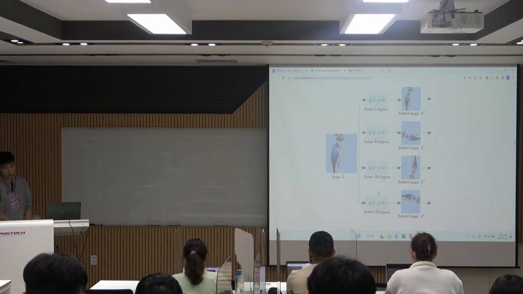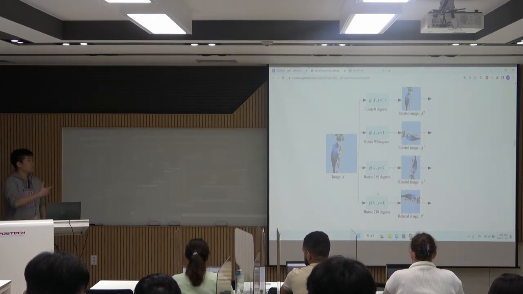And when you didn't rotate the image, we will label the image as 0, like the first case. And the second, if you rotate the image 90 degrees just one time, then we will label it as y equals 1. So labeling as 1, and 2, and 3, and so forth.